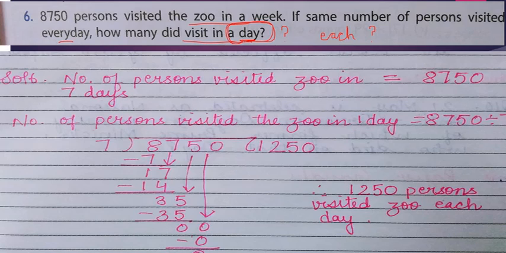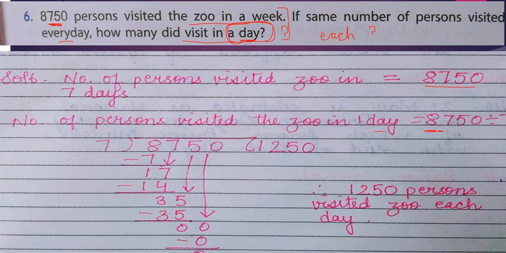But beta, they have given you the total persons and these persons are of 1 week. If we have to find the relation between week and days, you will say, ma'am, 1 week is equal to 7 days, right? So in place of 1 week we can say the number of persons who visited the zoo in 7 days is 8,750, and the number of persons visiting the zoo in 1 day is big number divided by small number.